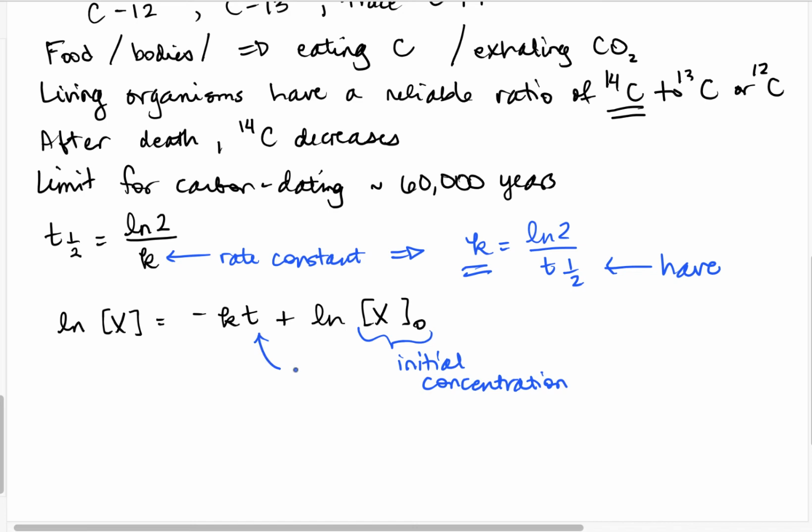T is the time. Notice this does not have a little 1/2, so this is not the half-life. This is the time right now, whatever time we want it to be. Here's our rate constant again. And then this is the concentration now at whatever time.